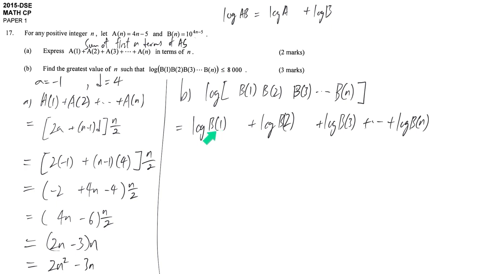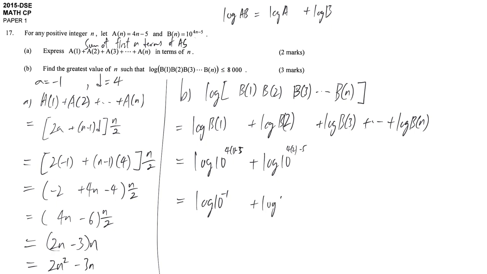Now, I think it's a suitable time for us to use the definition of Bn. So we try to substitute inside. This is log of 10 power 4 times 1 minus 5. Hey, hold on, it's quite familiar. It seems that we just calculated this just now. So in part A, we know this is -1. Now this is 10 power 4 times 2 minus 5.